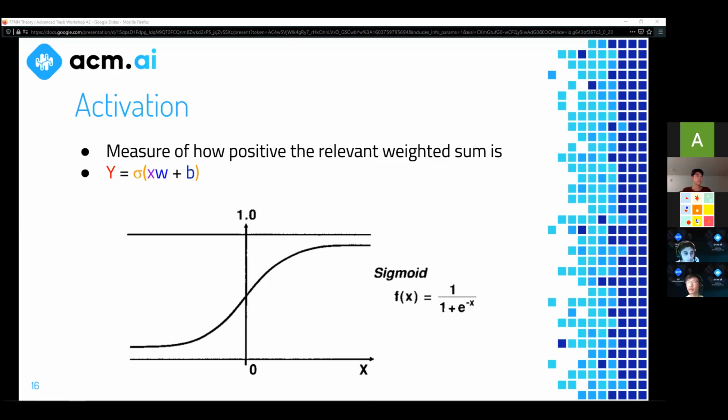The key point with the activation function is that it has to be a nonlinear function. It can't just be a line, right? You can't have an activation function that just multiplies our hypothesis function, the x times w plus b, by a constant value.